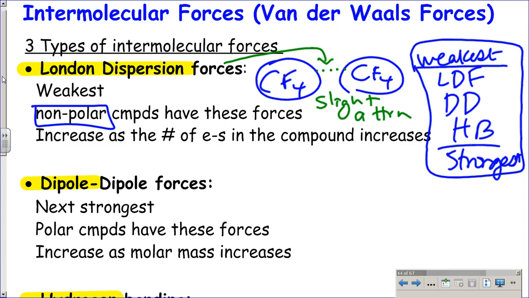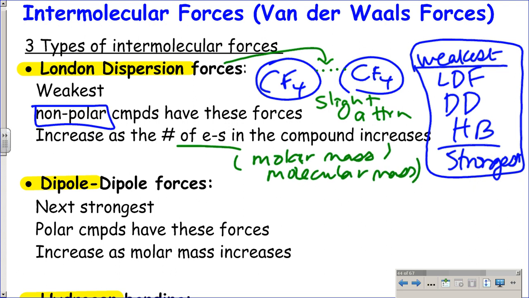You can probably imagine that the more electrons you have shifting around, the more they can create differences in charge, and that creates a stronger London dispersion force. So as you increase the number of electrons, or the molecular mass, since more protons and neutrons usually means more electrons, heavier things can have stronger LDF forces.